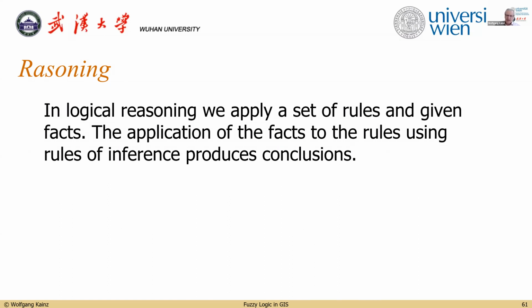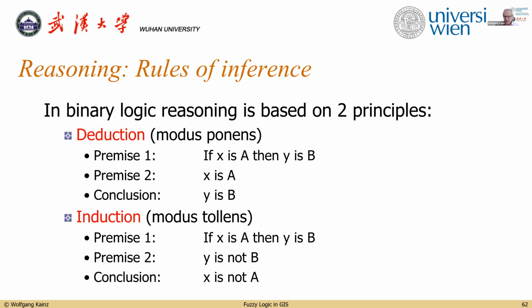So we apply the facts to the rules and we use logical inference, so-called rules of inference. And then if we can come to the conclusion, we say that this argument is valid. Or we come to some other conclusions where we know that the argument is not valid.